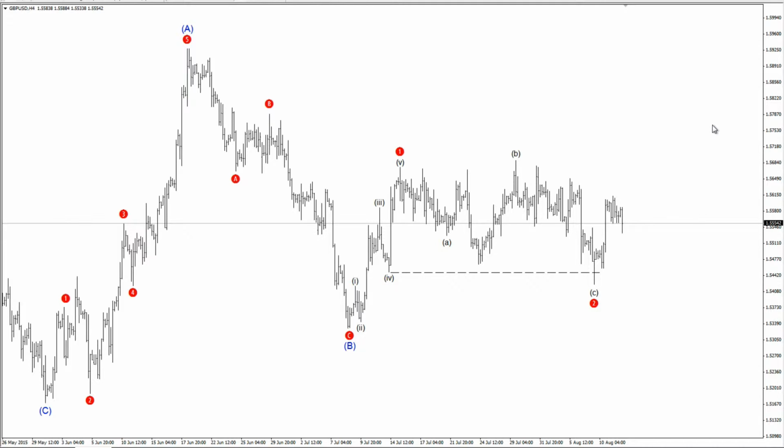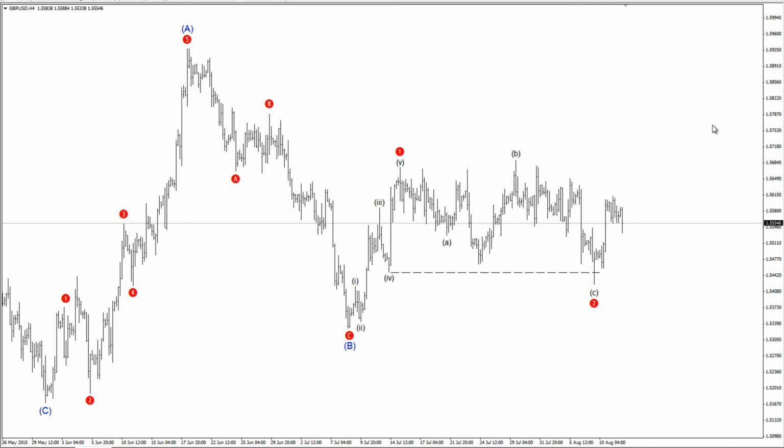This is still in sideways correction mode, which has been the case for a couple of weeks now. If we get lower levels on pound dollar, this correction is still in force, but if this moves higher, then possibly the next wave higher has started.